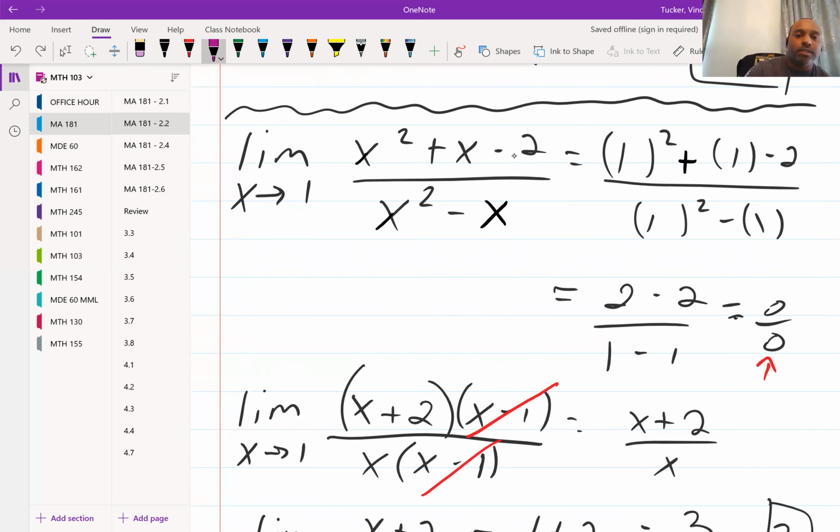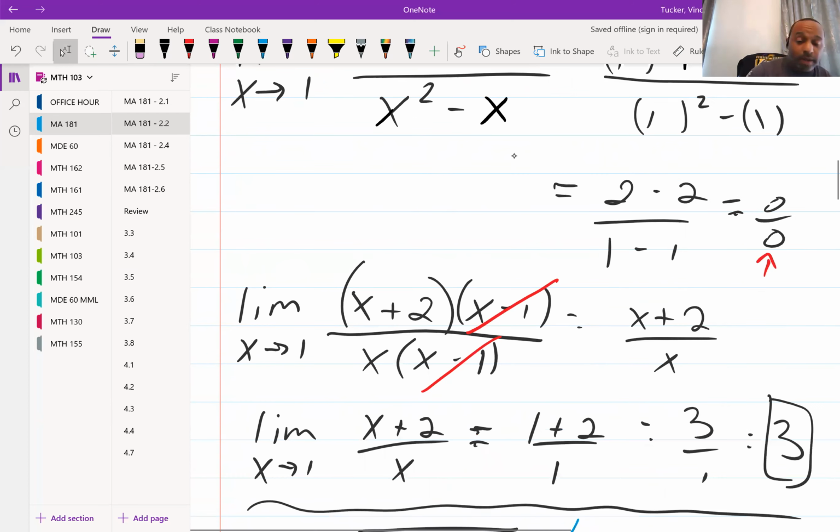That leaves us with x plus 2 over x. Now we can evaluate this limit as x goes to 1. Plug in 1: 1 plus 2 over 1, which is 3 over 1, and simplifies to just 3.